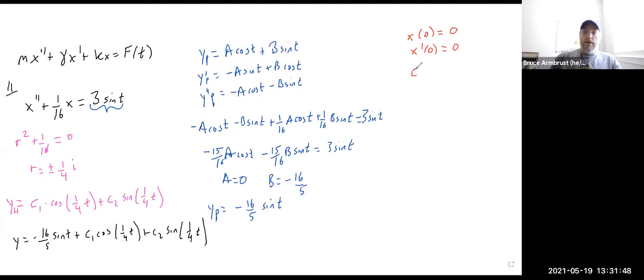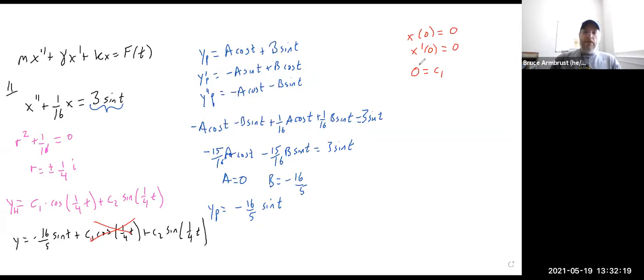So we end up with 0 equals nothing plus C1 plus nothing. So that tells us that C1 is equal to 0. That means that part's not even there. Nice.